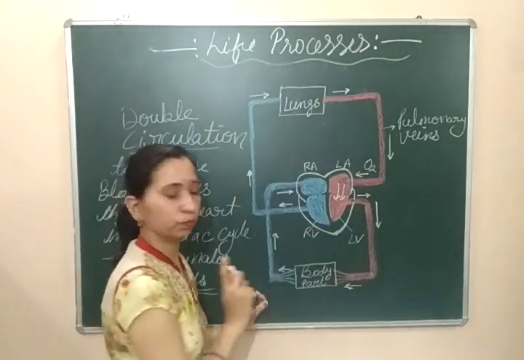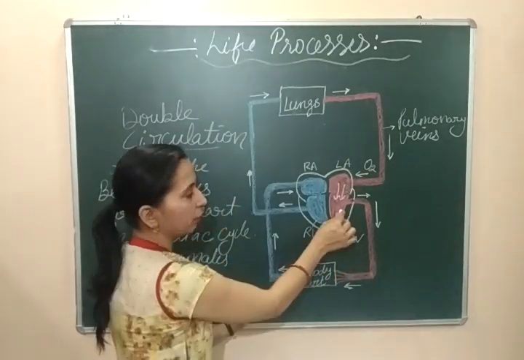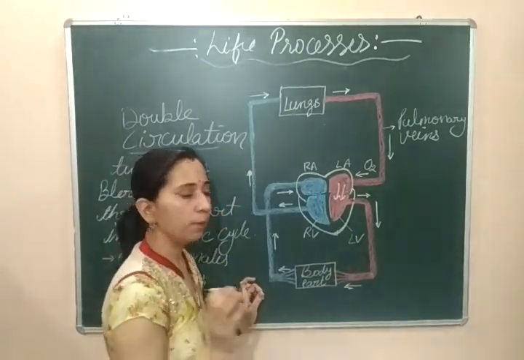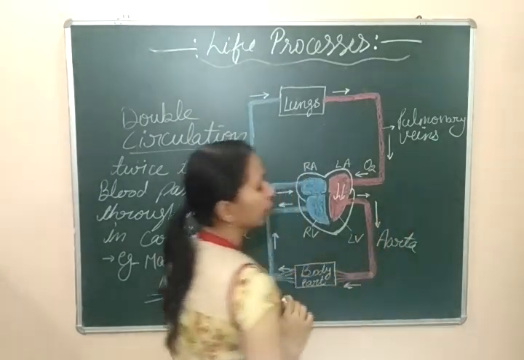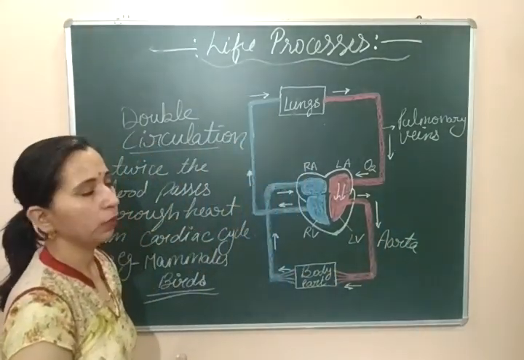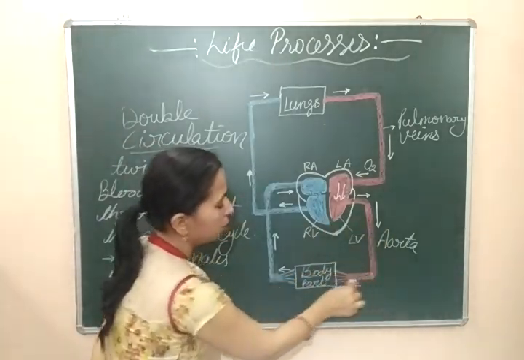Who carries this oxygenated blood from the left ventricle to the body parts? This is our main artery, and the name of this main artery is aorta. Aorta carries the oxygenated blood from the left ventricle to all body parts.